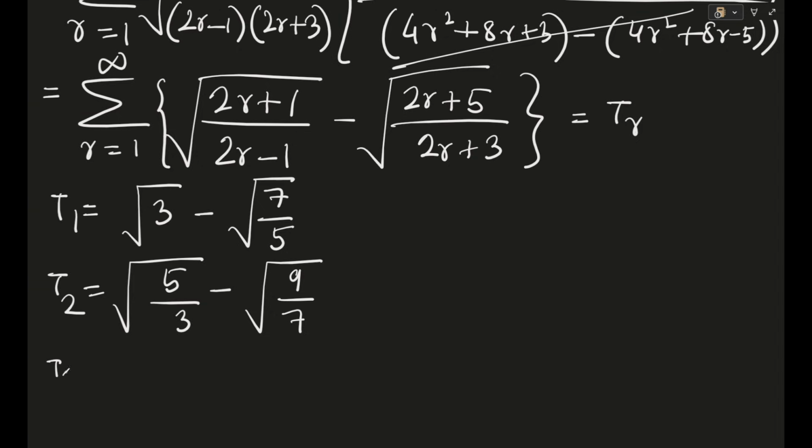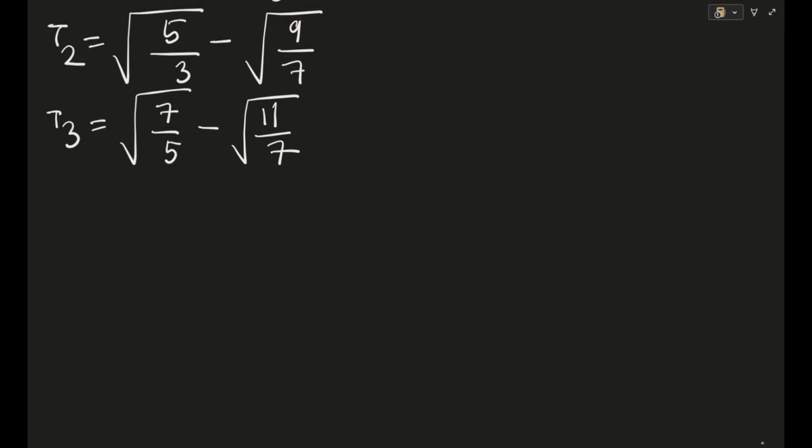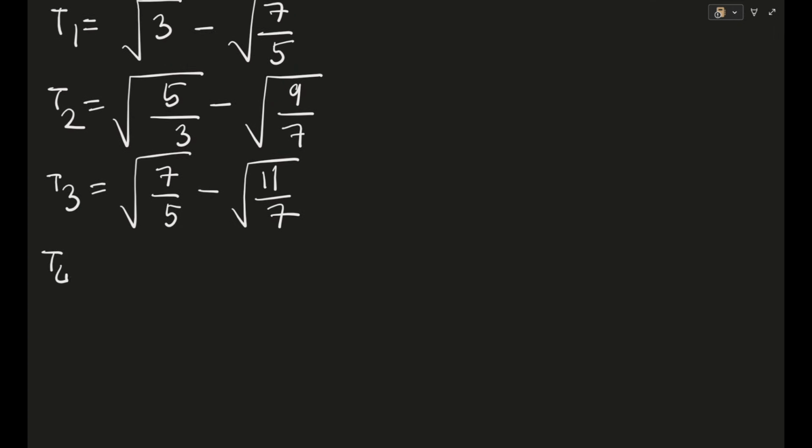T3 will come out to be root 7 by 5 minus of your root 11 by 7. That means a cancellation will actually happen. Let's move a little forward. T4 will come out to be root 9 by 7 minus of your root 13 by 9.